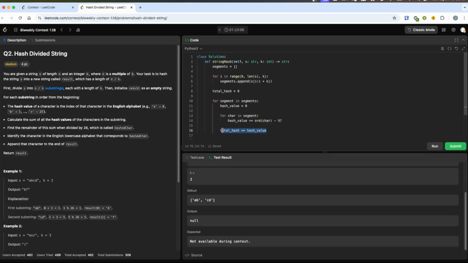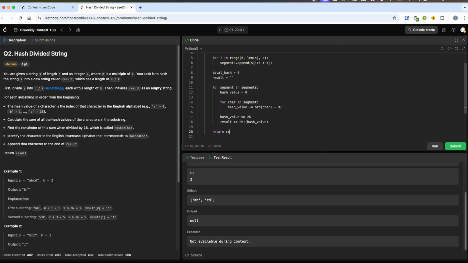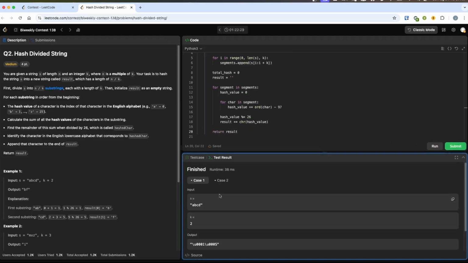Oh no, wait, no. So once we get this, we want to do hash value mod 26, and then result plus equals chr of the hash value, and we'll return result. So you should get BF.